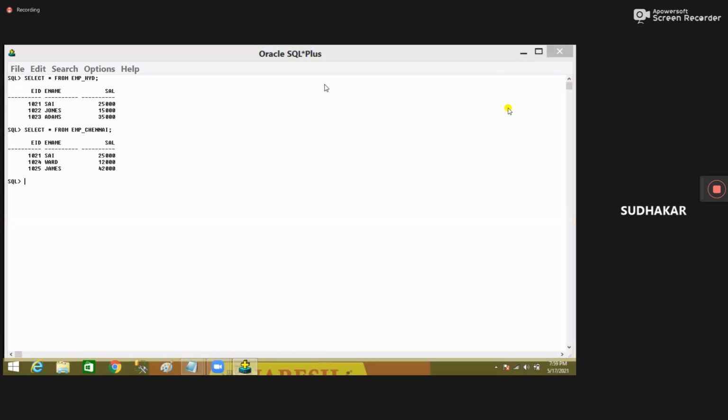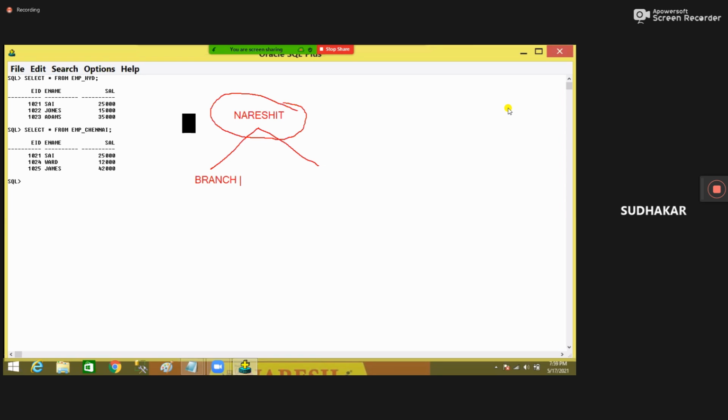For example, Naresh IT is one organization. This organization has two branches in India: one branch in Hyderabad, and one branch in Chennai.